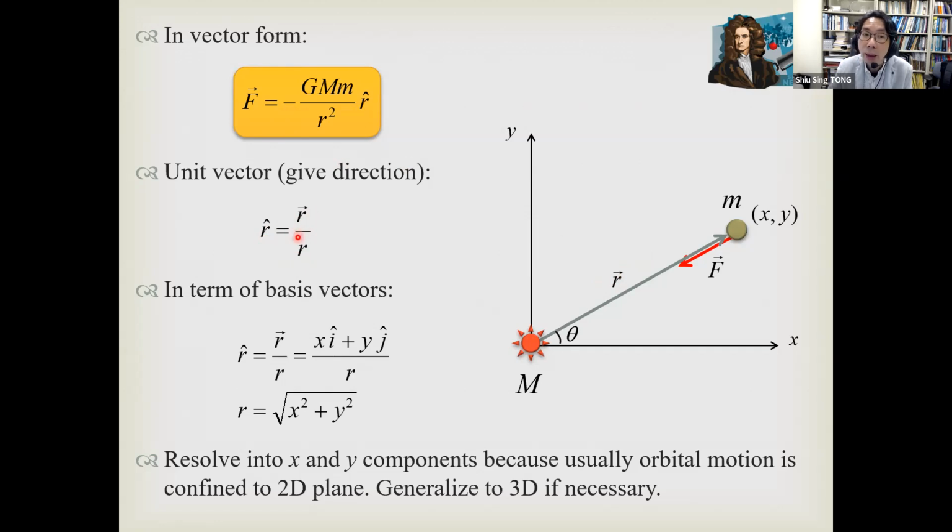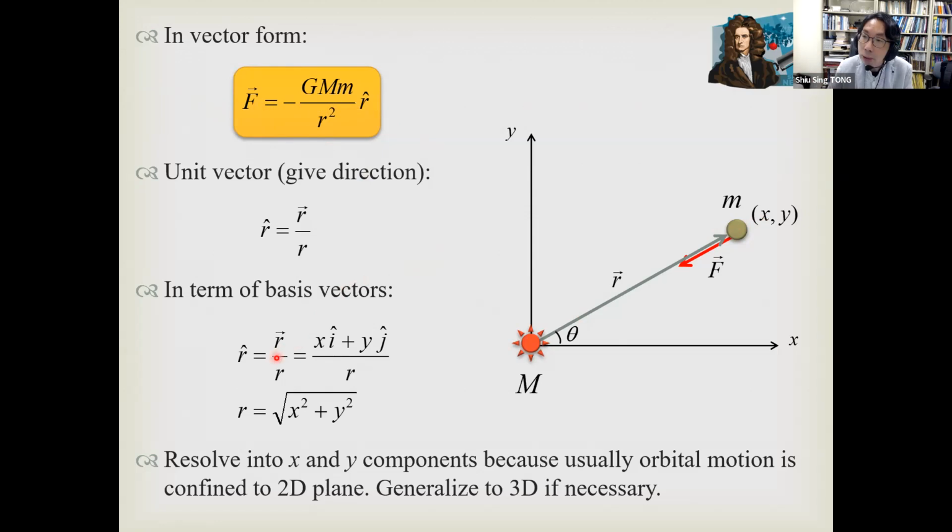Okay, and I deliberately add a minus sign here to specify that the direction of the force is opposite to the position vector. The position vector is pointing outwards from the sun to the planet, while the attraction force, the gravitational force, is attracting the planet towards the sun. So it has a direction minus r hat. So by adding the vector minus r hat to the equation, I can fully specify the direction and the magnitude of the gravitational force.